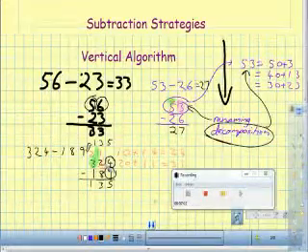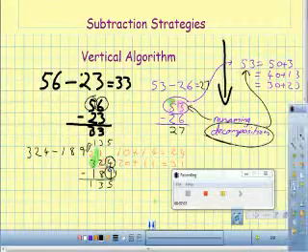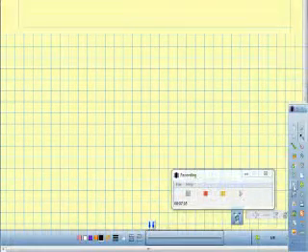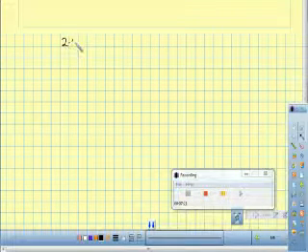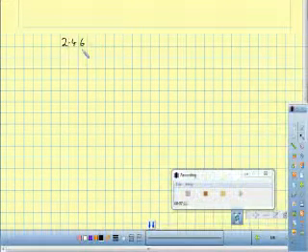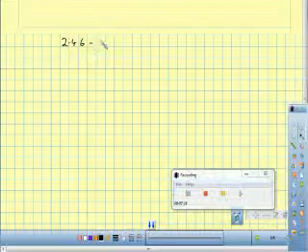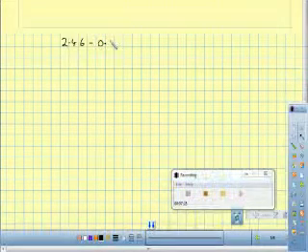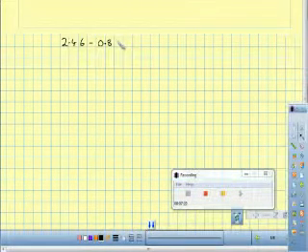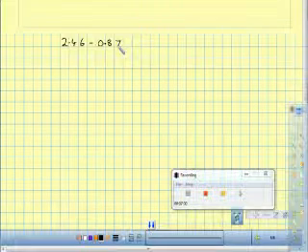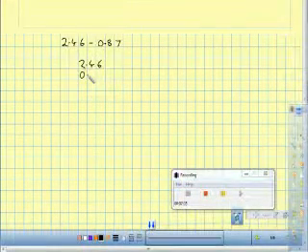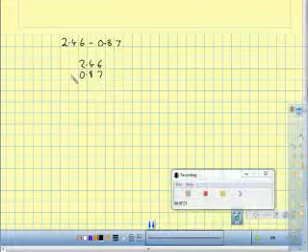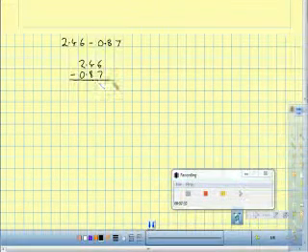Okay, I can hear you saying, well, what about those nasty decimals? Let's take a little bit of a look. 2.46 minus 0.87. Okay, so same thing, 2.46, 0.87, and we're going to minus.